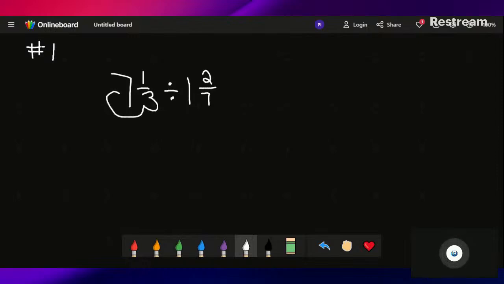We're going to take the denominator and multiply it by the number that's in front. 7 times 3 is 21 plus 1. 21 plus 1 is 22. And we're going to write this over here. So we have 22 over 3. And we're going to write a division sign because we're still doing division here.